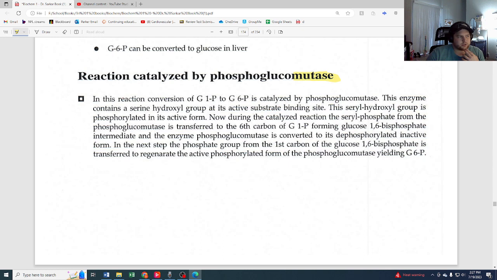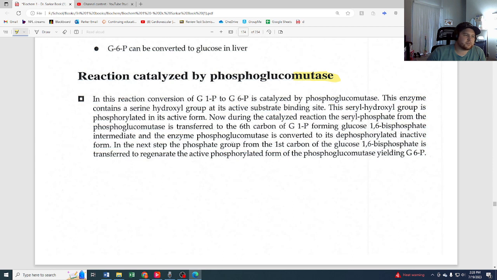This seryl hydroxyl group is phosphorylated in its active form. During the reaction, the seryl phosphate from phosphoglucomutase is transferred to the 6 carbon of the G1P, forming a glucose 1,6-bisphosphate intermediate, and the enzyme is converted to its dephosphorylated inactive form.